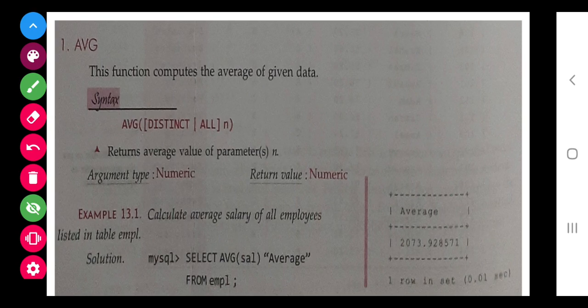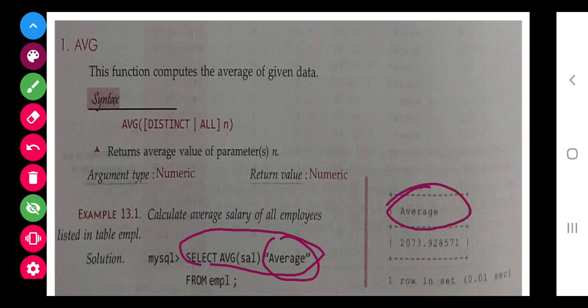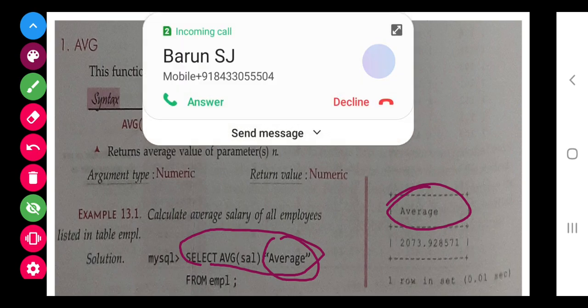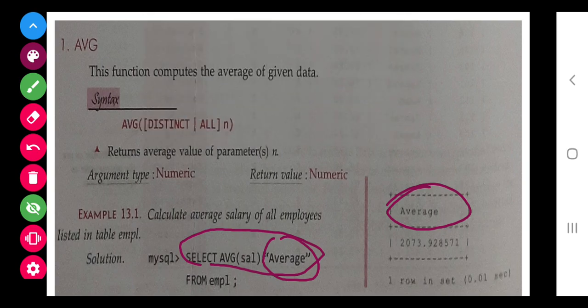You can see that here they have written average of the salary as average. This is the name of the column that you want to give. If you will not give it, it will come as average salary only. So finally average is calculated, and this is the result.